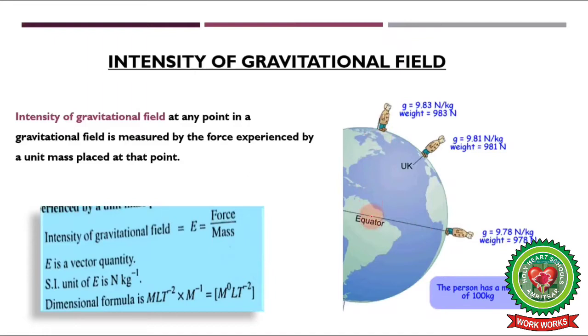Due to this acceleration due to gravity, there is a difference in the weight of a person at the equator and at the poles. Suppose a person has a mass of 100 kg, then the weight will be 978 Newton at the equator and 983 Newton at the poles. The reason is that W is equal to m into g, where m is mass and g is acceleration due to gravity.